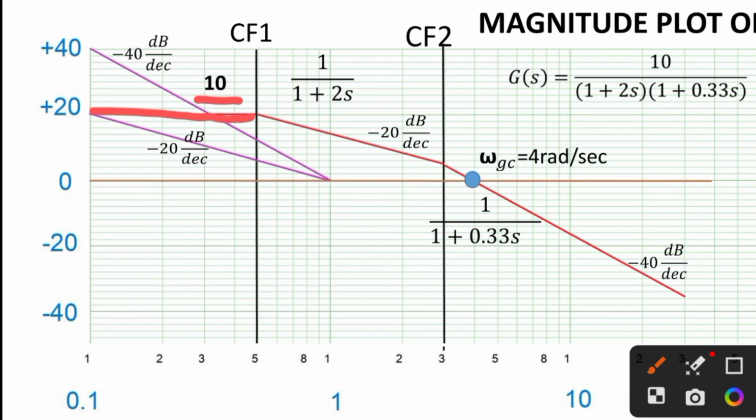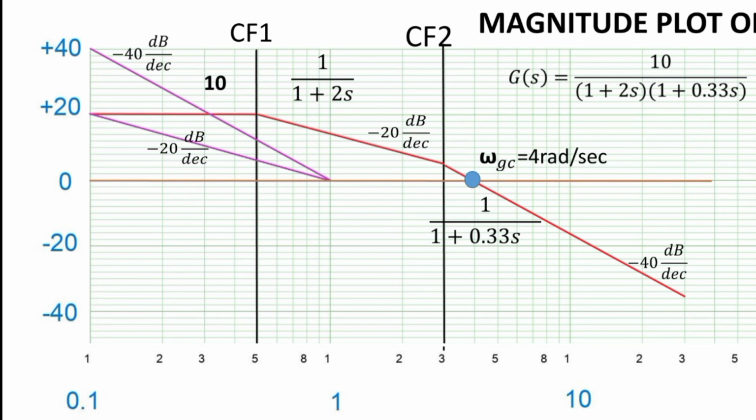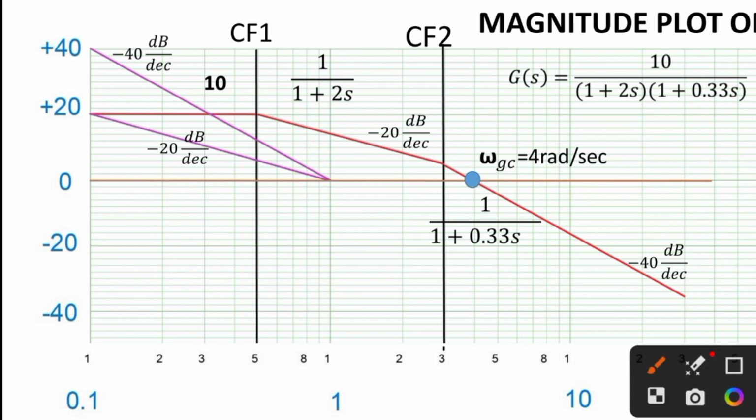After the first corner frequency, that is 0.5, the slope will change. And the second term is 1 by 1 plus 2s. This term contributes the slope of minus 20 dB per decade. So from the first corner frequency up to the second corner frequency, the slope will be minus 20 dB per decade.